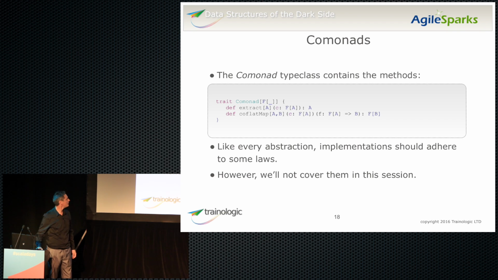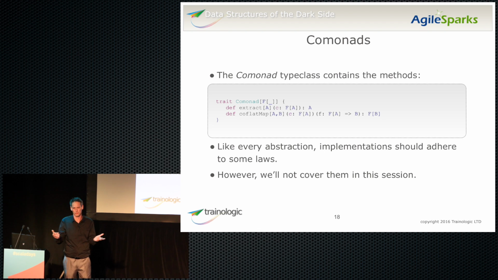And the other method is the opposite, the dual of flat map. Given some zipper of A, and a function from zipper of A to some B, some value, we can provide a zipper of B. Now, you can try to do it with regular collections, like list or stream. You will not have these two methods. You cannot implement them in a sane way.